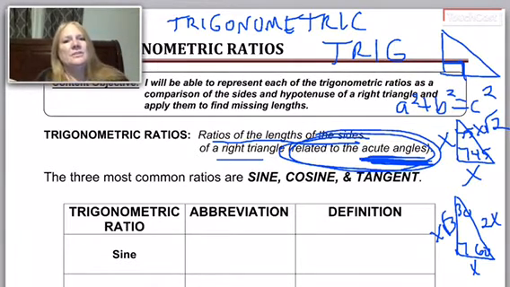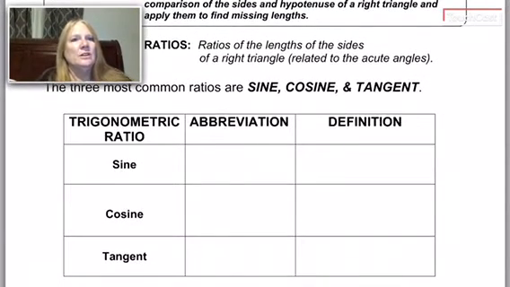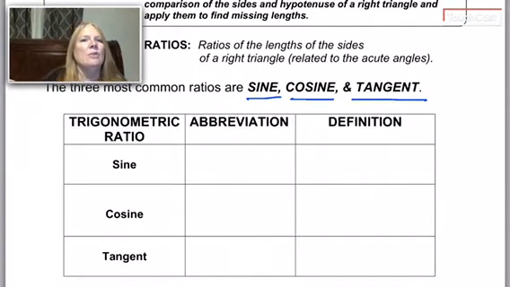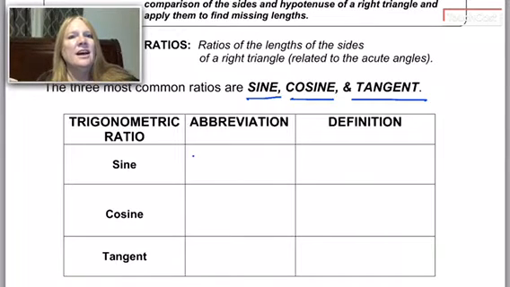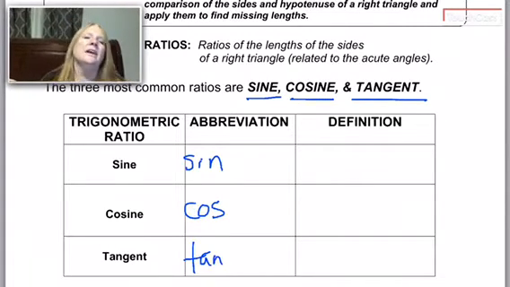Okay, so the three most common ratios, let's pronounce these, are sine, cosine, and tangent. We abbreviate these as sine is sin, cosine is cos, and tangent is tan. Okay, now again we're talking about an angle.